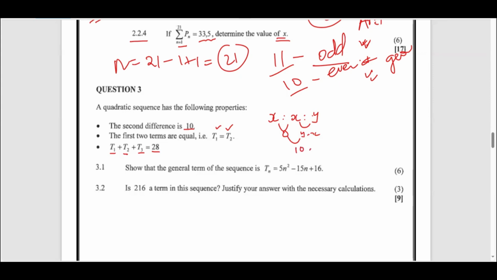So we can get a general term as per what they want us to get. But before we get there, do we need to find the T3? Yeah, I think we can find the T3 this way. It's possible because they told us T1 and T2 will be the same. But we don't know what T1 and T2 are. Okay.